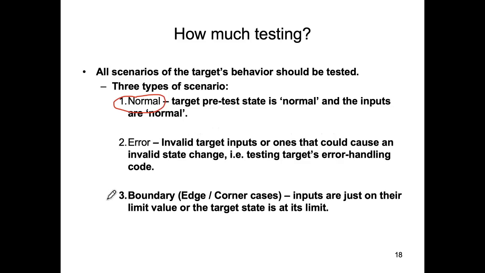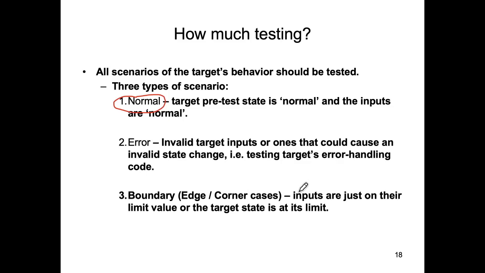And the third scenario, and this is equally one that people have difficulty with, it's called different things, but it's often referred to as boundary testing or edge testing or corner case testing. And what we're getting at there is when the inputs are just on their limits. Now, some target methods won't have any boundary cases, and that's fine if they don't.